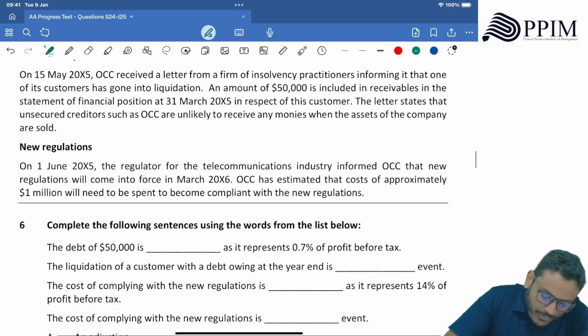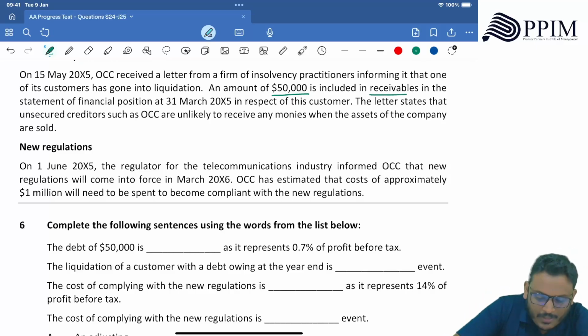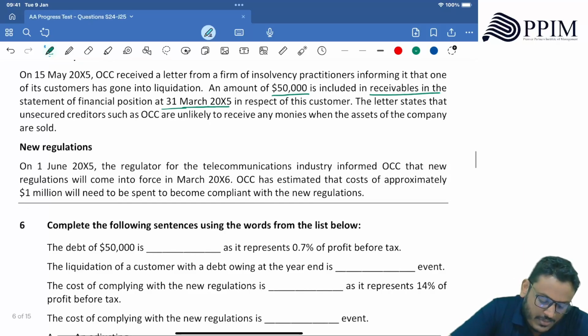An amount of 50,000 is included in receivables in the statement of financial position at 31st March 2005 in respect of this customer. The letter states that unsecured creditors such as OCC are unlikely to receive any monies when the assets of the company are sold.